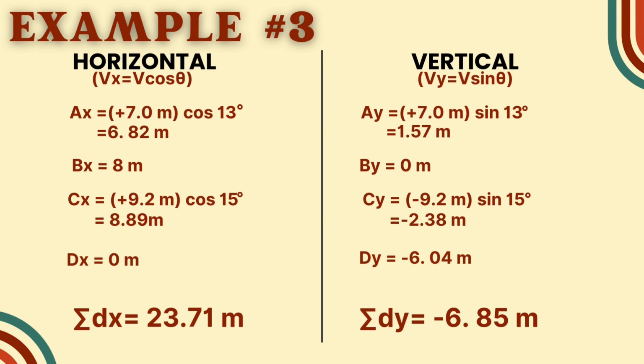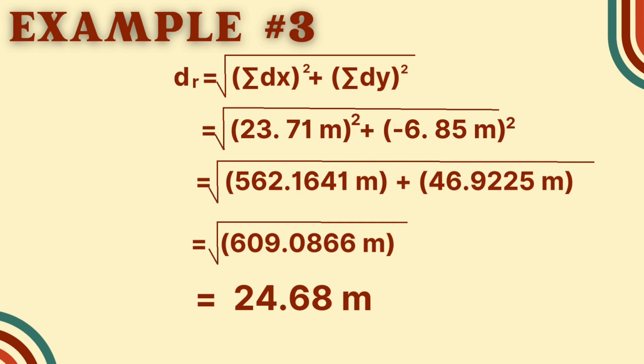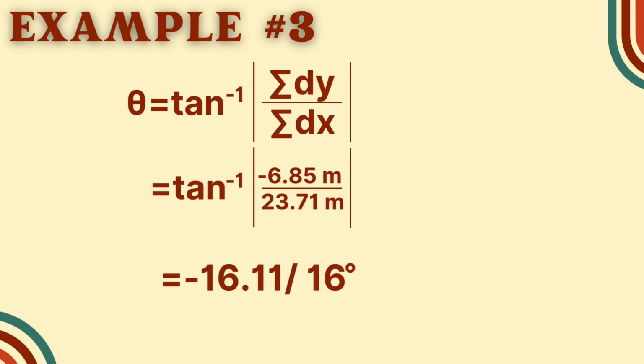And the summation of dx is equal to 23.71 meter and the summation of dy is equal to negative 6.85 meter. For our dR is 24.68 meter. And for our theta is equal to negative 16.11, or 16 degrees. And that's it for our 7 topics.